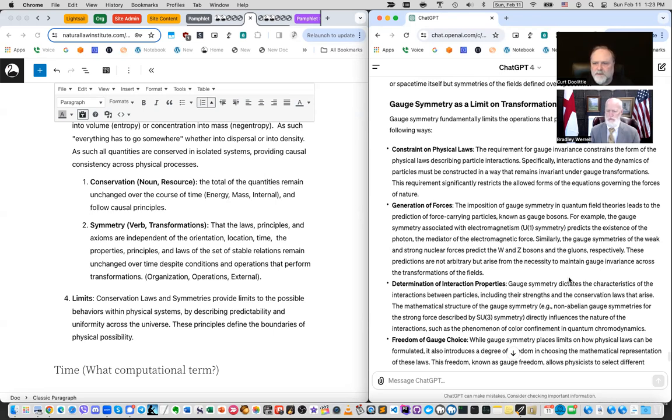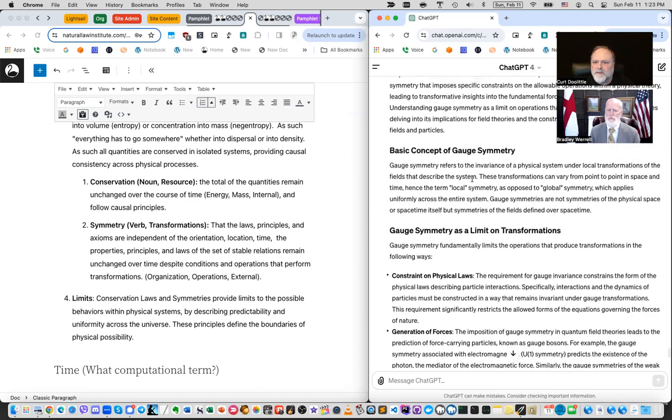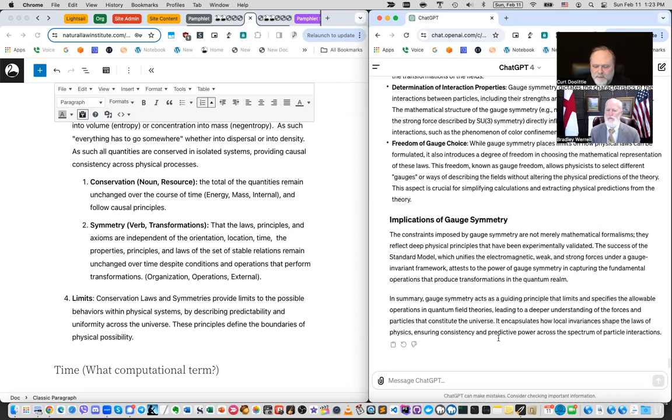Yeah, I know that, but these predictions are not arbitrary, they arise from the necessity to maintain gauge invariance across the transformation of fields. Yeah, but what does that mean? Gauge invariance. Invariance of a physical system. Define what, I'm okay. Let me give us. I've got to get simple words for this. Define what?